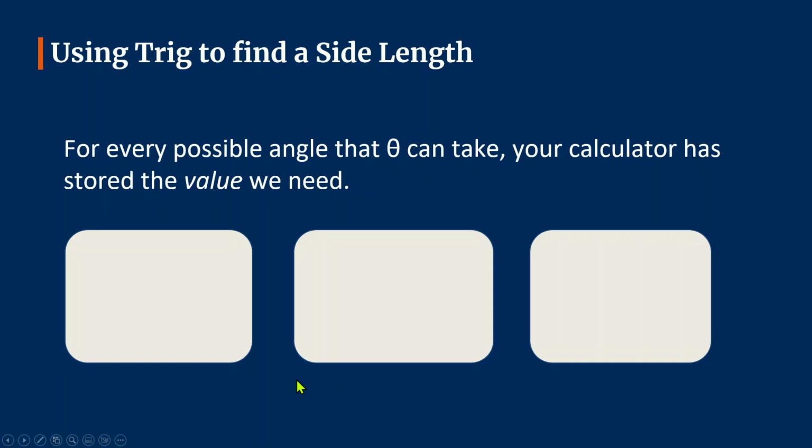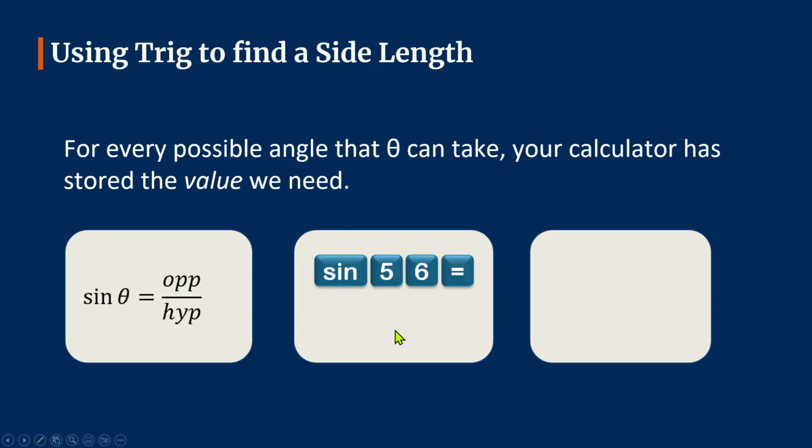So the next thing we need to know, we haven't even done math yet, we're just setting up all the little background pieces we need, is that your calculator is going to be really important. I mean, obviously it has those trig buttons. So we know, for example, that sine is the ratio opposite over hypotenuse. Your calculator knows what that ratio is. So if you type sine 56 equals, it will give you 0.8290.